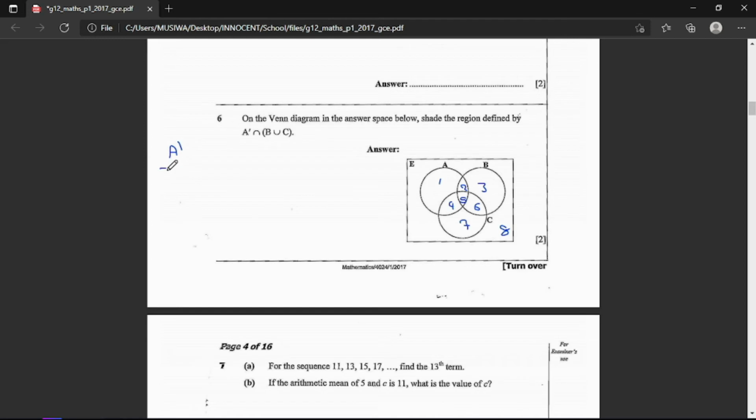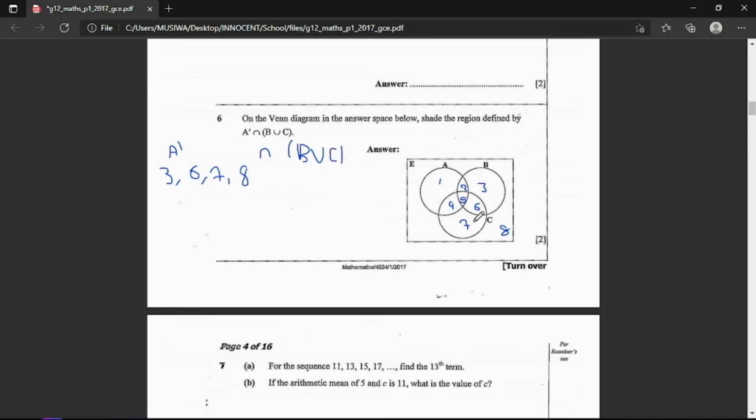So I'm going to have 3, 6, 7 and 8. All these should be intersected with B union C. So what is in B union C?